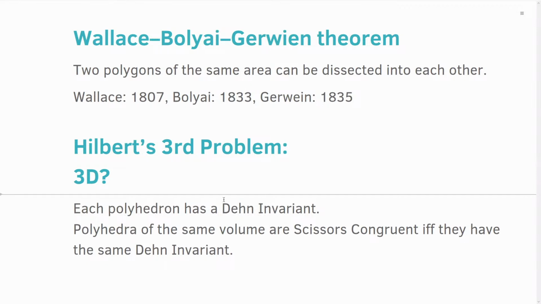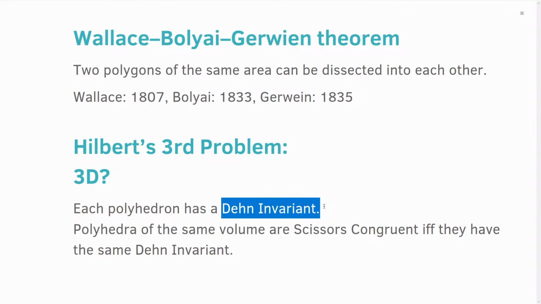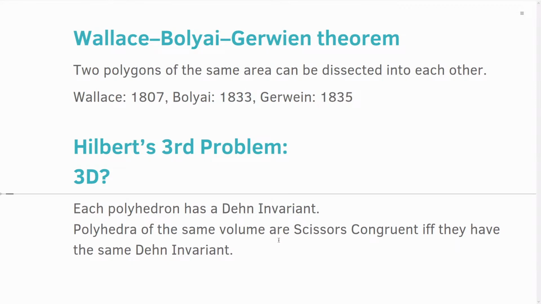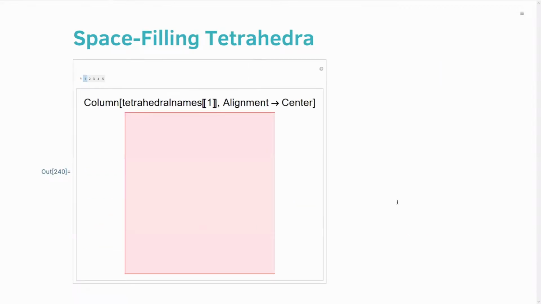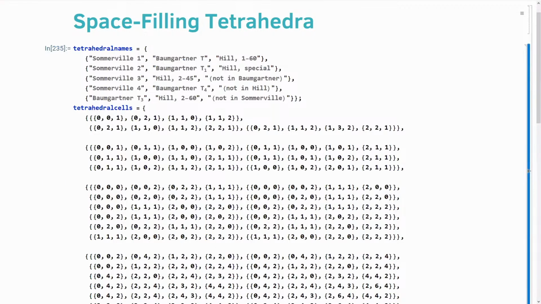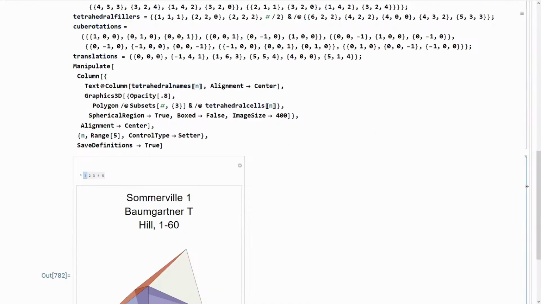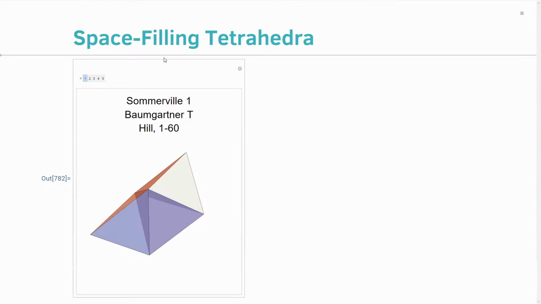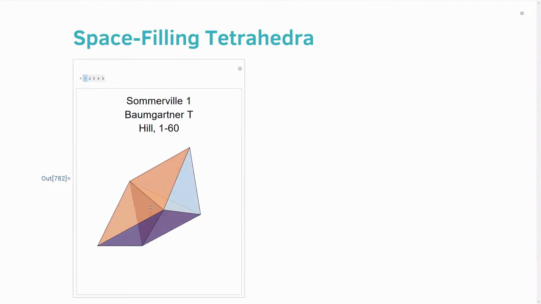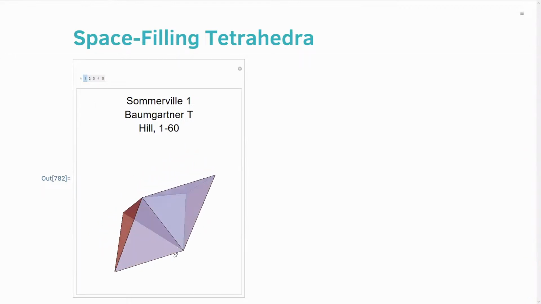Out of that came what's called the Dehn invariant, and it turns out that polyhedra of the same volume are scissors congruent if and only if they have the same Dehn invariant. So we can take a look at some of the stranger examples. There are exactly 5 known tetrahedra that fill space, and none of these are regular tetrahedra.